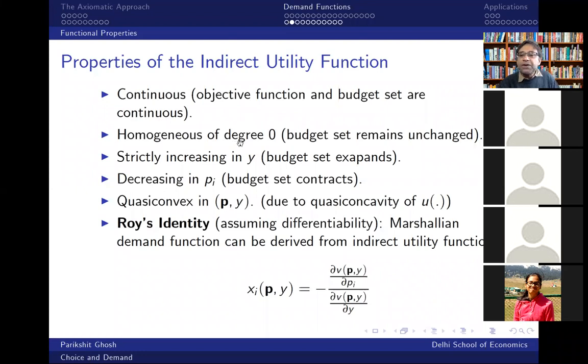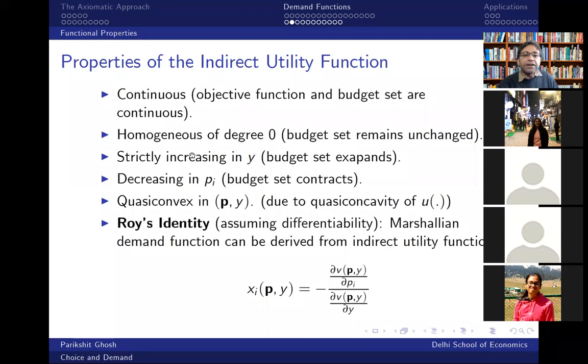What is a homogeneous function? Everybody knows what a homogeneous function is? Yes, sir. If I multiply all the arguments of a function by lambda, and the value of the function goes up by lambda to the power k, then it's a homogeneous function of degree k.